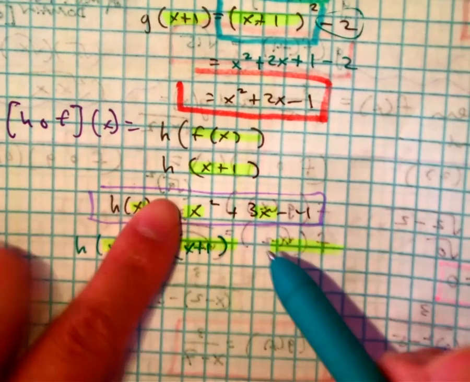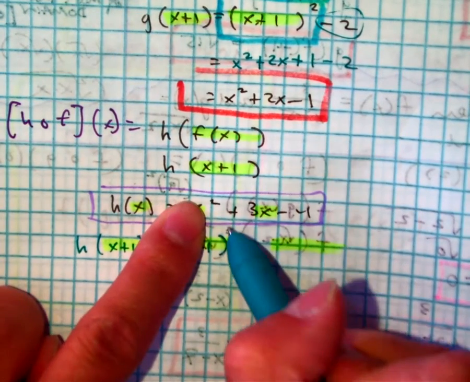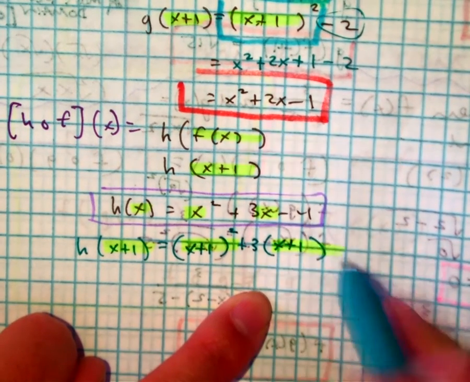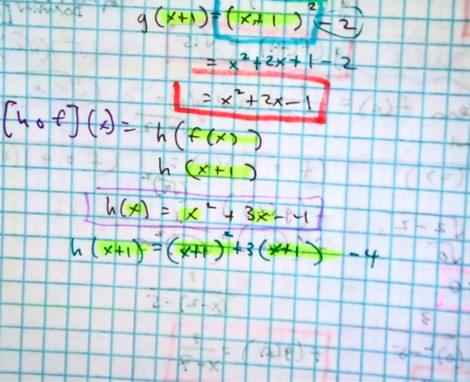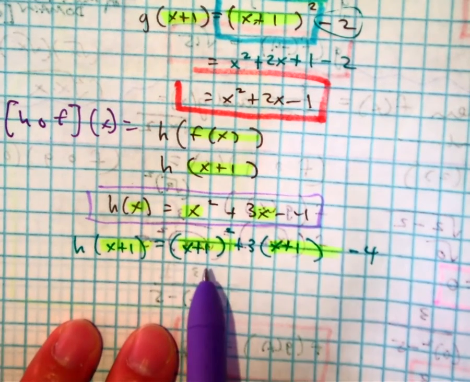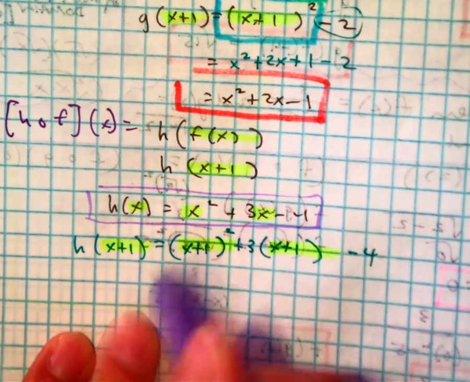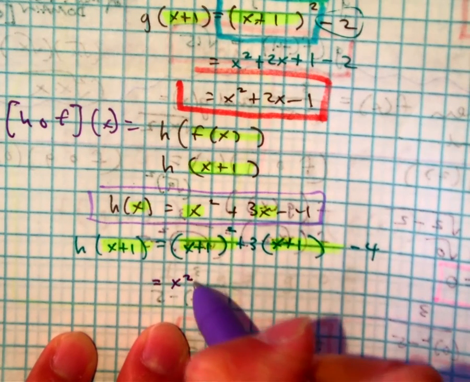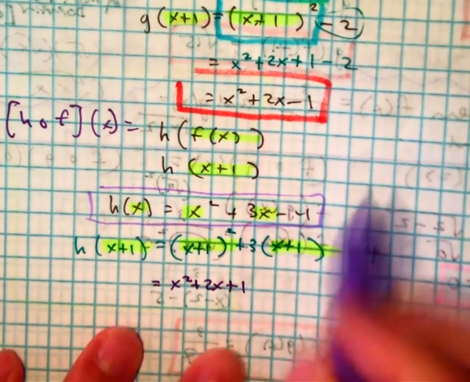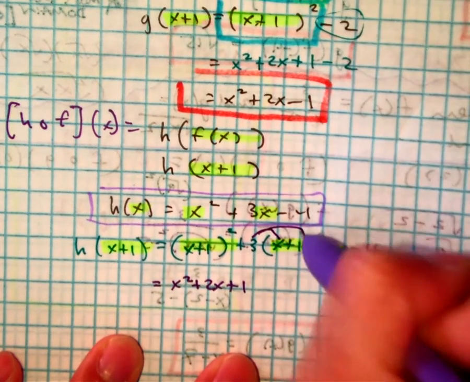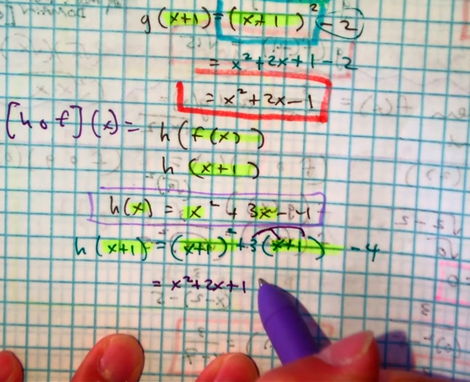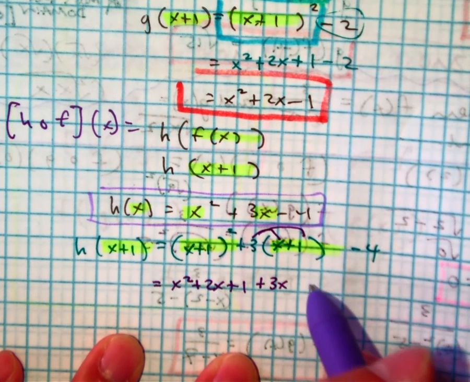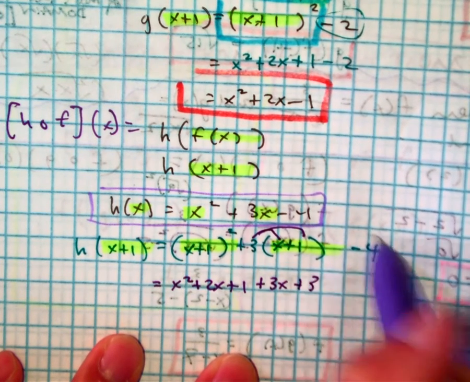Remember, every x value now is x plus 1, but squared, plus 3 times x plus 1, minus 4. We already did x plus 1 squared from above, right? What does that become? x squared plus 2x plus 1. Distribute here. What do you get? 3x plus 3. And don't forget that minus 4.